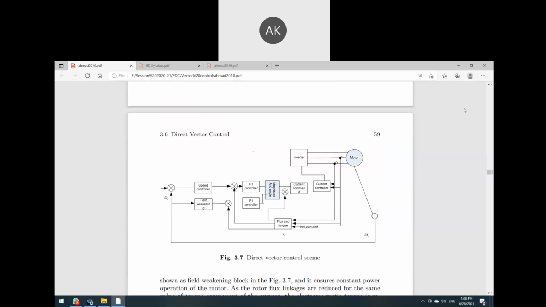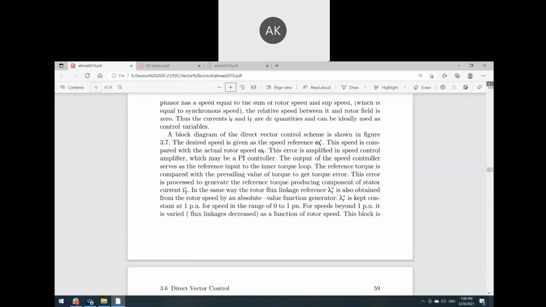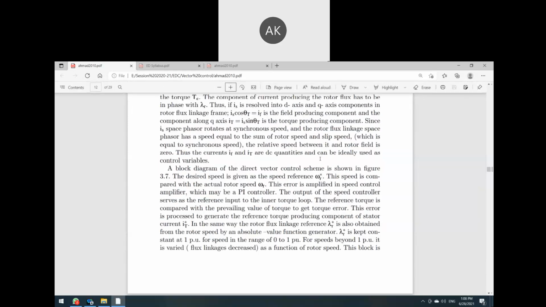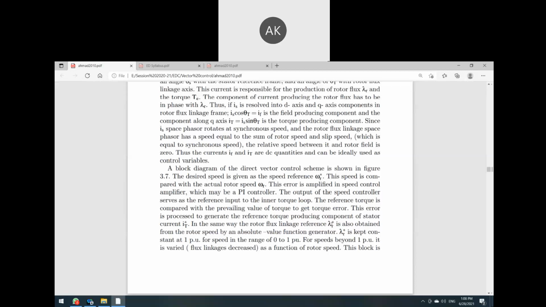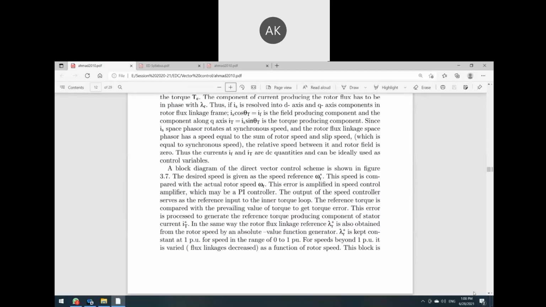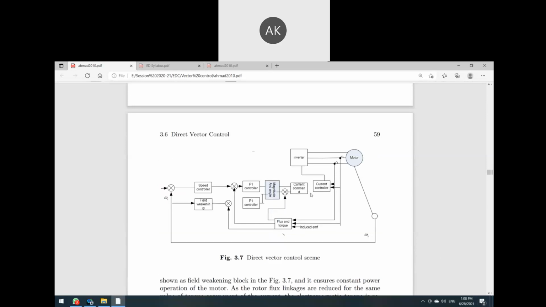Basically, the error is amplified in the speed control amplifier, which may be a PI controller. The output of the speed controller serves as the reference to the inner torque loop. This is the outer speed loop, and this is the inner torque loop.